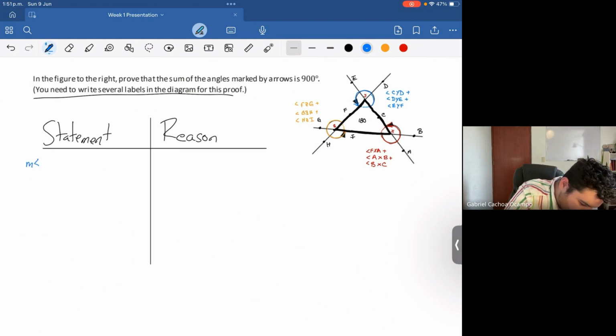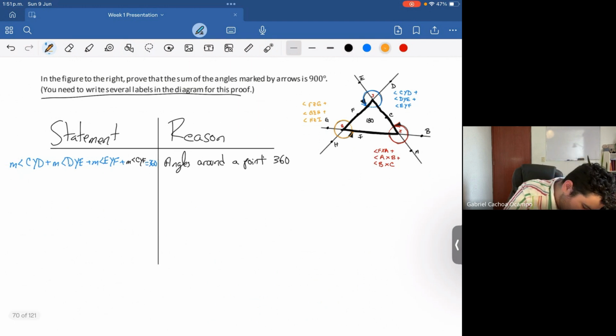So the measurement of angle CYD plus the measurement of angle DYE plus the measurement of angle EYF plus CYF is 360, because angles around the point is 360.